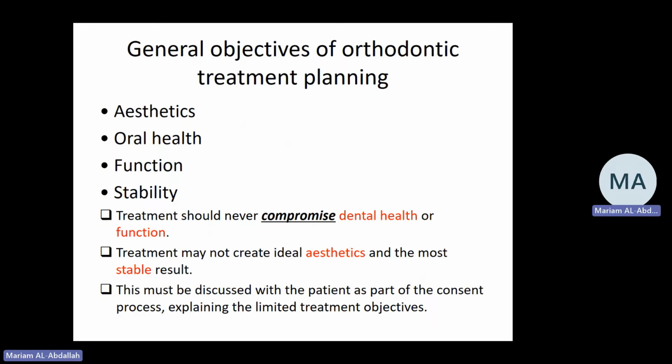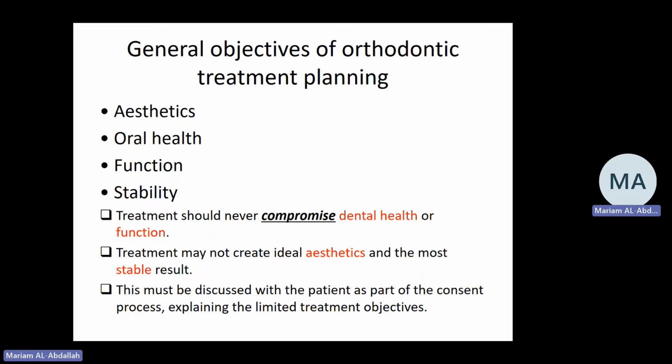This is not acceptable. At the end of the treatment, I cannot have gingival recession due to severely proclined incisors, right? I cannot end up having a scissor bite with improper occlusion. So we should never compromise dental health or function.